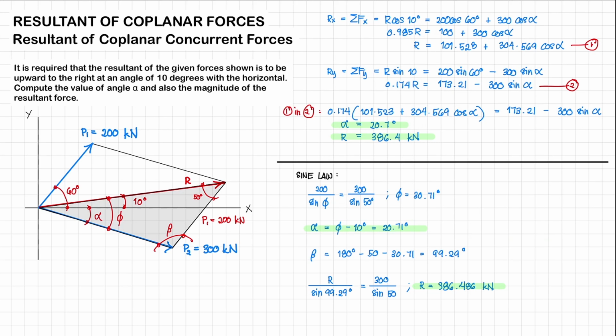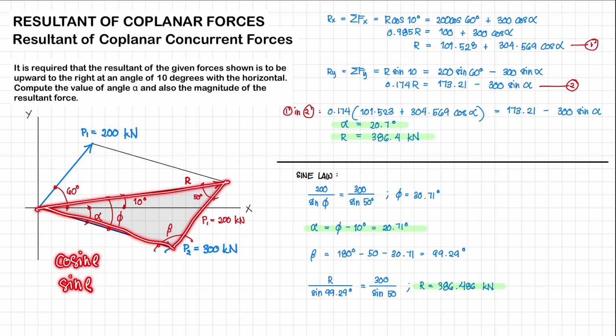Okay, so let's explore another way of solving this problem. If we apply the parallelogram law to these two forces, P1 and P2, the diagonal of the parallelogram that we could make from these two forces is going to be equal to our resultant, right? And if we take the triangle from this parallelogram, we could apply our cosine and our sine law.